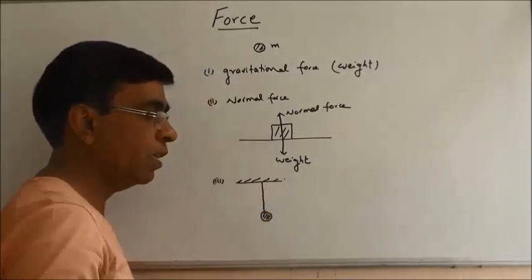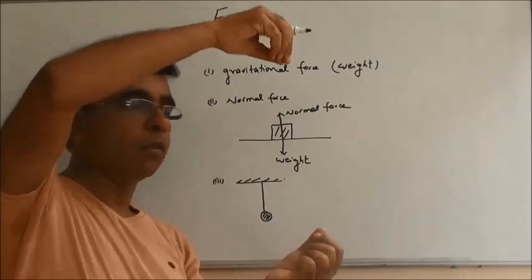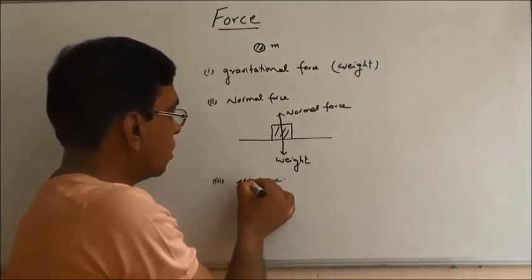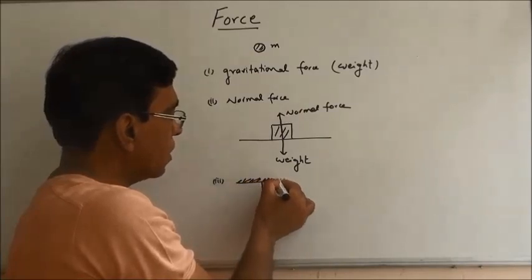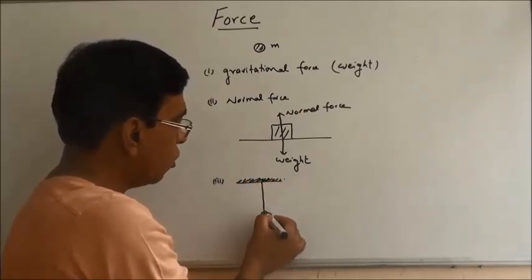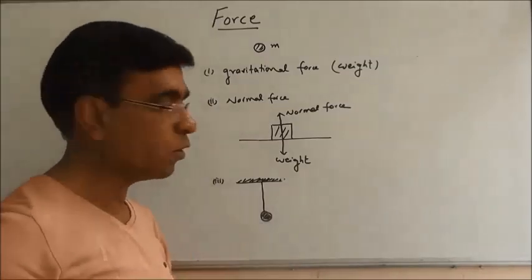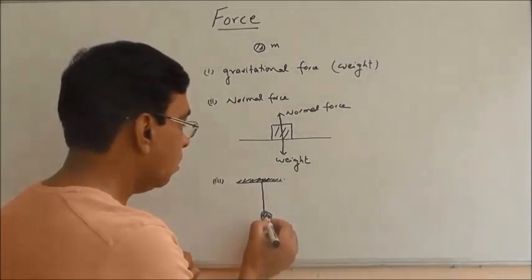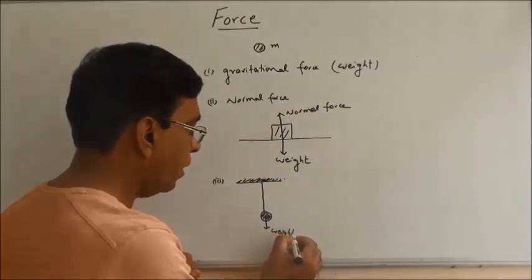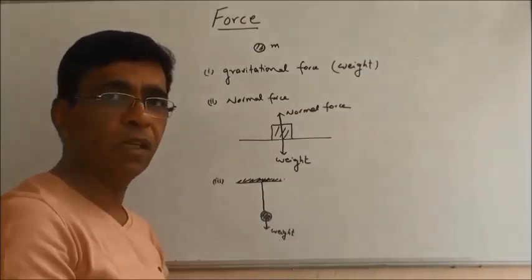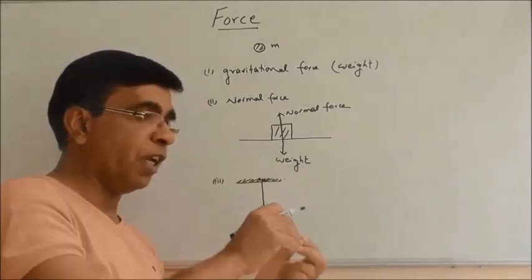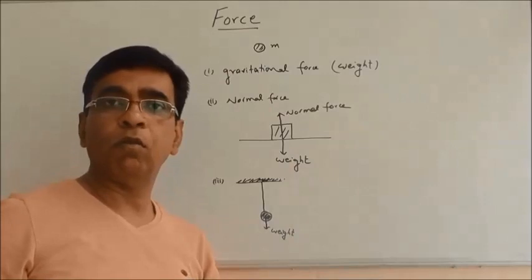Suppose one object is hanging from a string, tied to a string which is supported here. So this is a string and this object is tied to this string at this point. Again, there is a force, weight downward on this object, but even then, despite this weight, it is not accelerating downward.